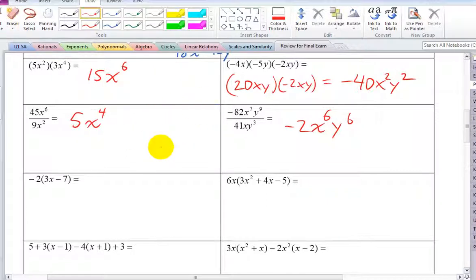Next one. For multiplication, we have to multiply by both parts. You should be able to draw this. So when you're drawing this example, we have negative 2, we have 1, 2, 3 x's, and then minus 7. Shaded are negative.